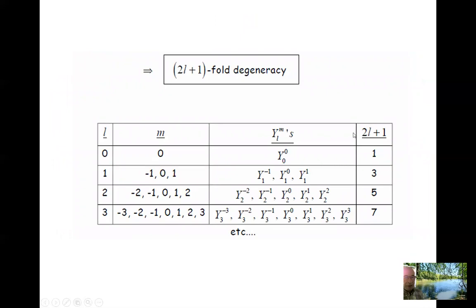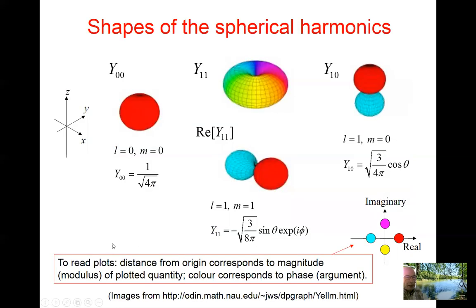But if we try to summarize, how many functions do we have? For each L, we have 2L plus 1 values. For L equal 1, we have minus 1, 0, 1 values of M. For L equal 2, we have minus 2, minus 1, 0, 1, and 2, etc. So these are representations of spherical harmonics in this case. And they have some specific shape.